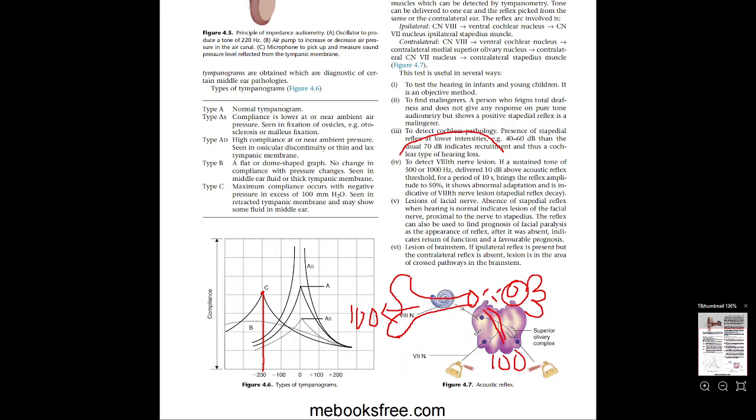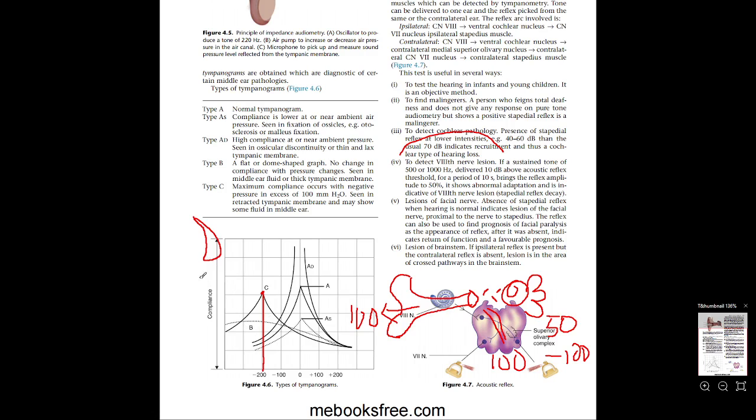If there is closure of the eustachian tube, for example, the inner pressure becomes minus 100, so the tympanic membrane will bulge inward because it will create a vacuum. So in order to read it on a tympanogram, we start decreasing the pressure as well.